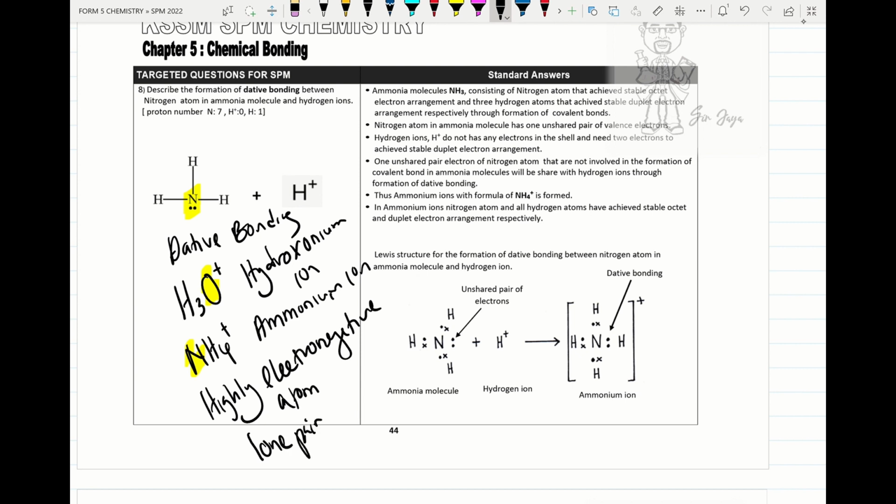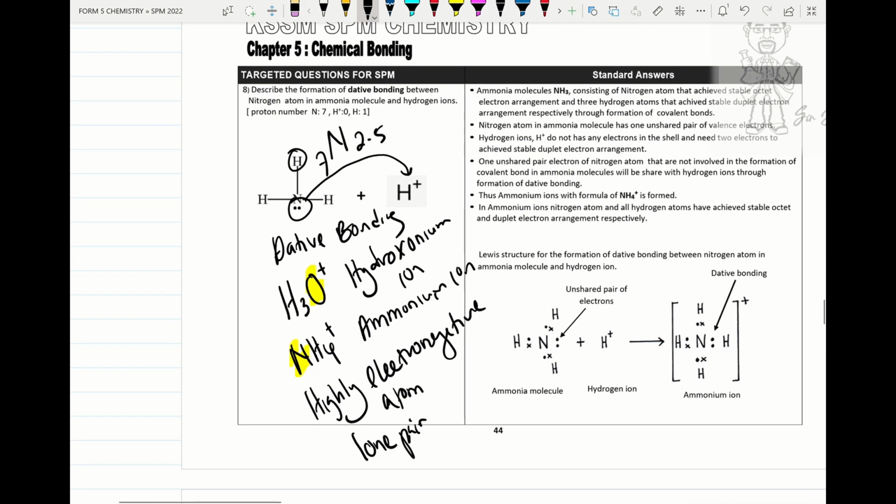All right, so here nitrogen with the electron arrangement 2.5 contributes 3 electrons for sharing with the hydrogen atoms, and it has one lone pair, an unshared pair of electrons. This unshared pair of electrons will be shared with the hydrogen ion. And please remember, the hydrogen ion does not have an electron in the shell.